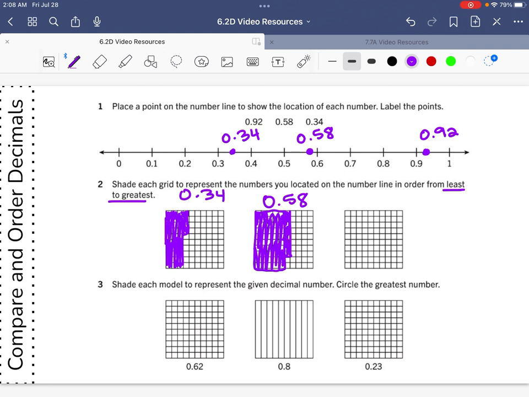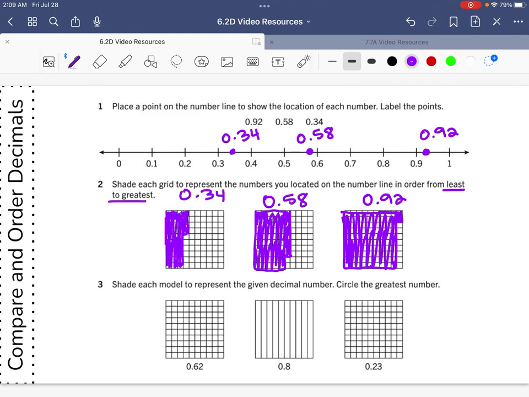And lastly, I'm going to shade 92 hundredths, that is 9 rods and 2 units. So I can see not only on my number line, but also in my base 10 shading, that 34 hundredths is the smallest decimal and 92 hundredths is the greatest decimal.